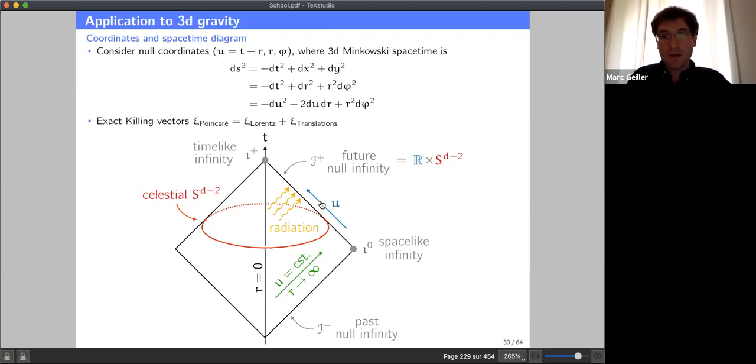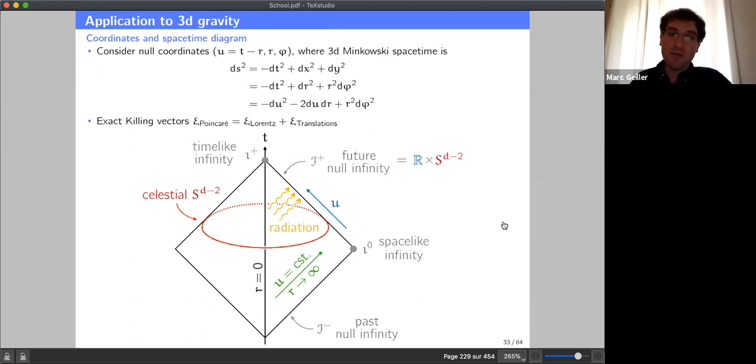When you go now along a constant u direction to r to infinity, you reach this upper line here, which we call future null infinity, denoted scri plus. Future null infinity has the topology of R times a d minus 2-dimensional sphere. And this d minus 2-dimensional sphere, we call the celestial sphere.